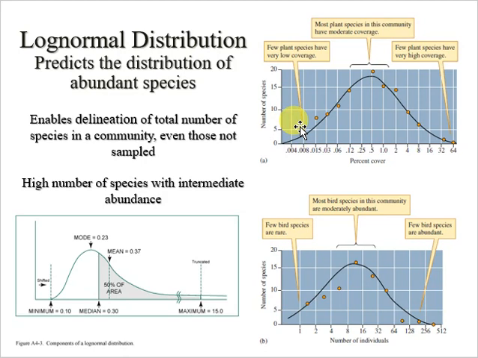In a well-sampled community, most of the species will occur in the middle of the distribution along this peak. And that's because most species are moderately abundant in communities. And again, that's substantiated by the peak of the normal distribution curve, or this Gaussian curve, the bell-shaped curve.